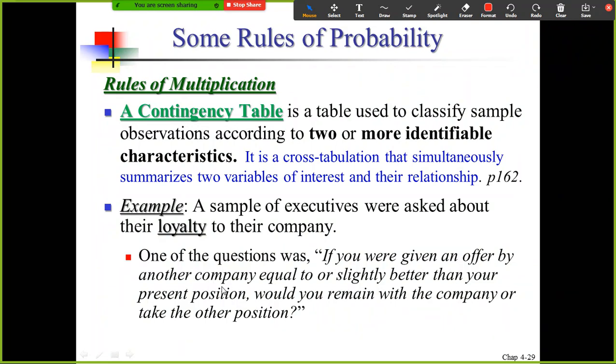Would you remain in the same company, or take the new position in the new company?